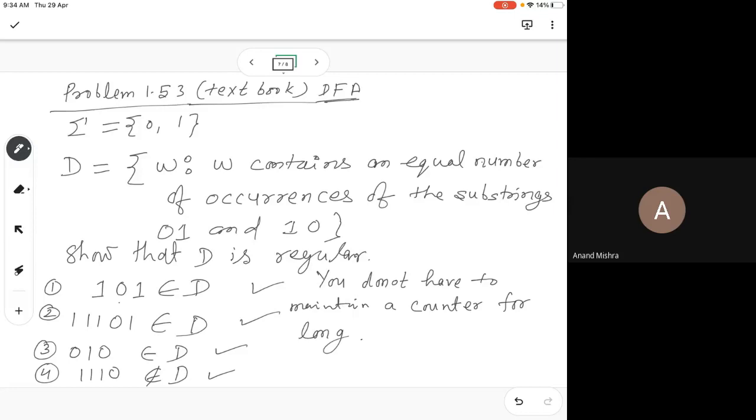What do I mean by this? When you are reading a string, the only thing you have to maintain is that whenever you read 10, next you should be looking for 1, right? So the counter is not maintained for long. But in the other example, equal number of zeros and ones, the counter has to be maintained for long, right?